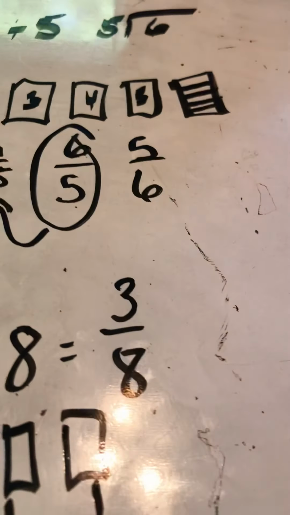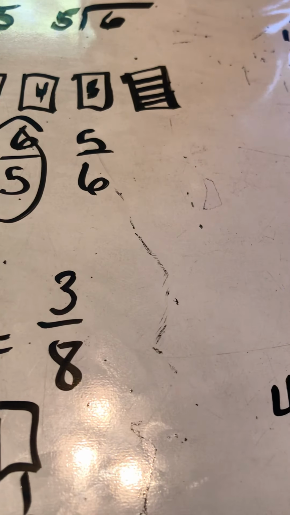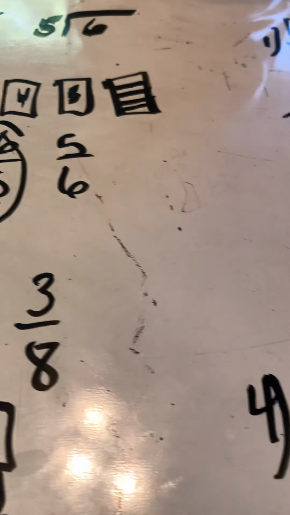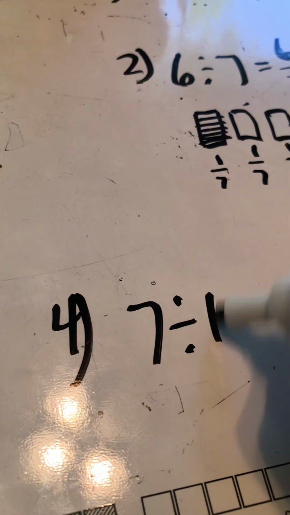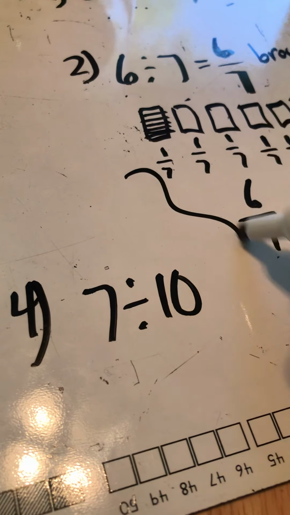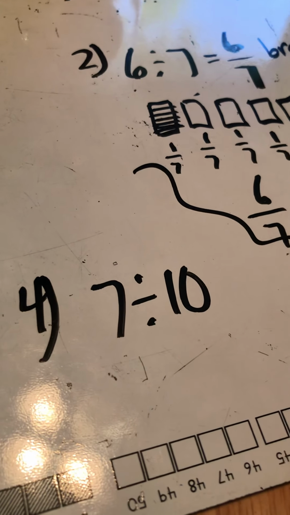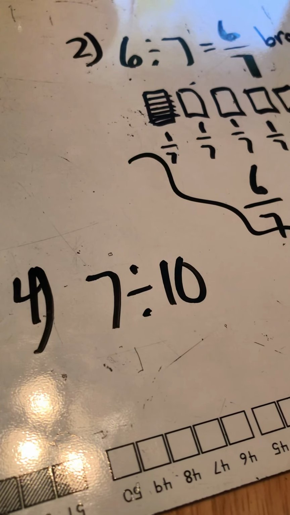All right, number 4, moving right along. 10 people equally share 7 brownies. How much of a brownie does each person get? So we have, again, less brownies than we do people. So you go ahead and solve this one. I'll give you a second. You might want to pause this video so you're doing this one on your own.